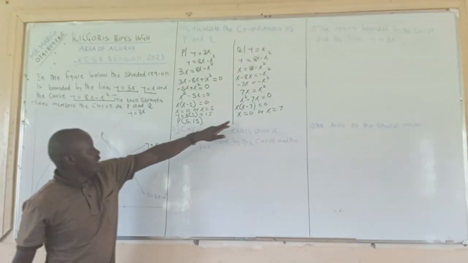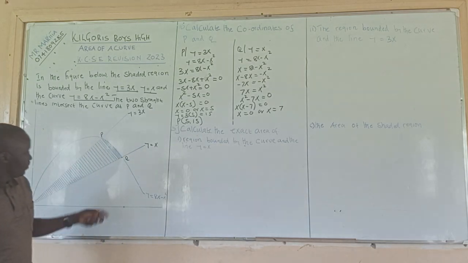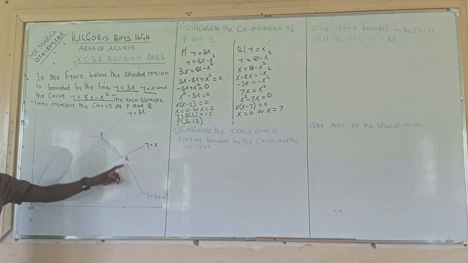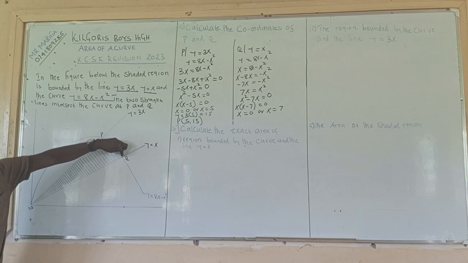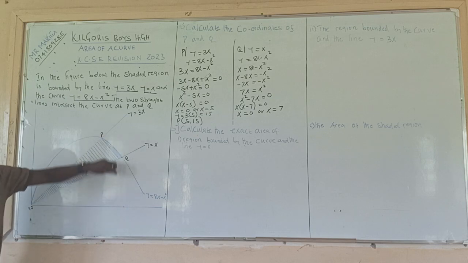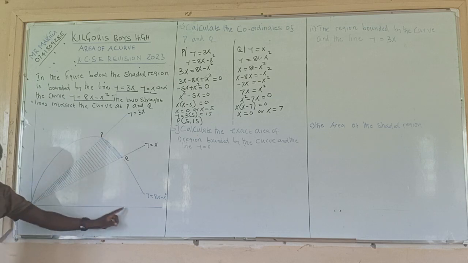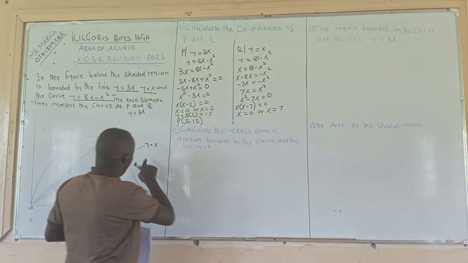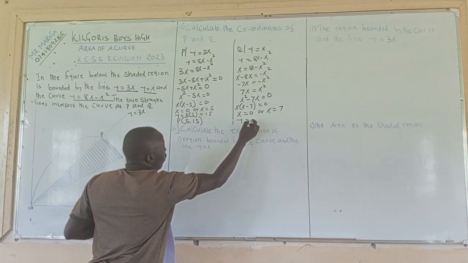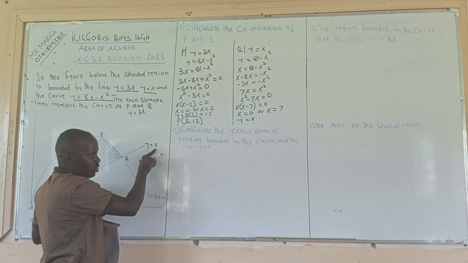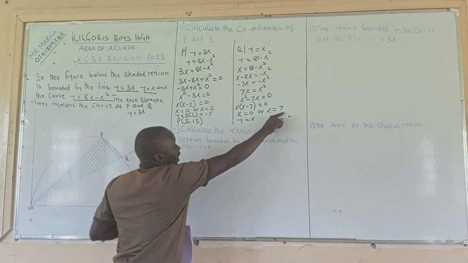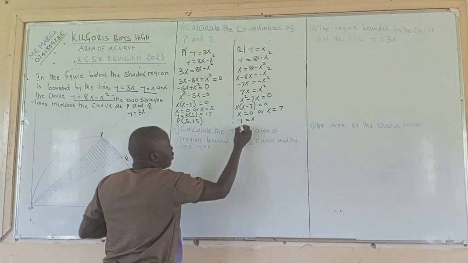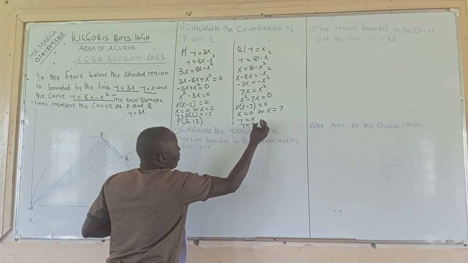We also ignore x = 0 because the values at point Q are above 0. Now we use the line y = x, with the value of x as 7, so y = 7.